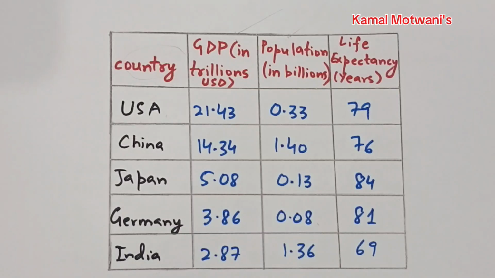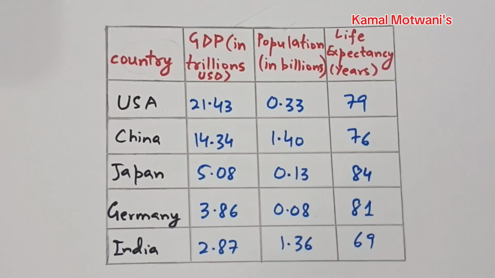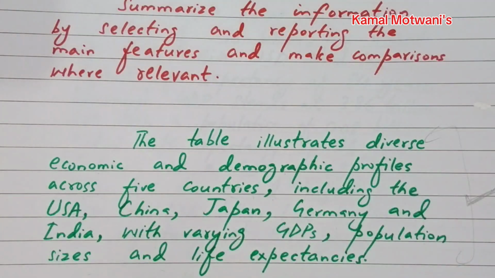Means we narrate major variations which highlight this table in the overview. Let's read the overview which I have written.